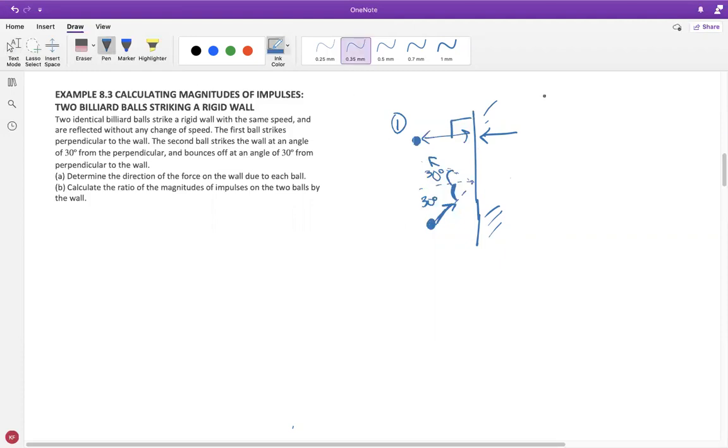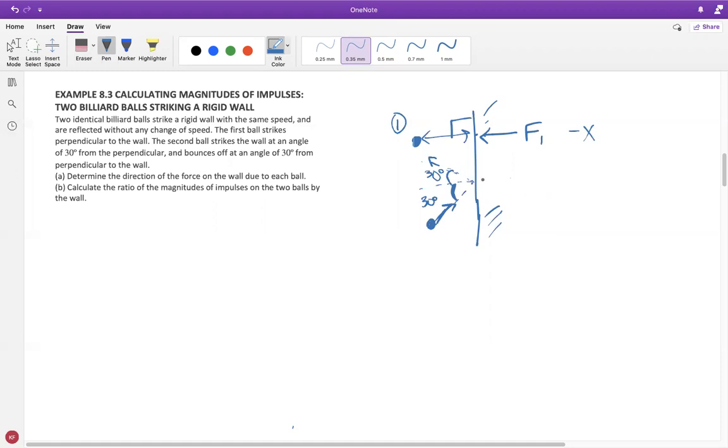So we have our ball comes in and it hits directly here and it bounces back. Okay, so this means that our force for this first one is in the negative X direction. Okay.